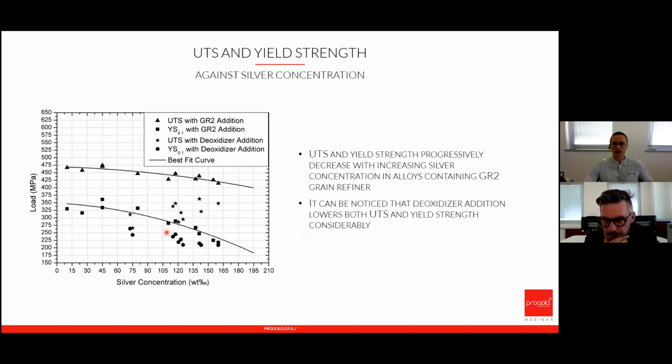So our suggestion is to use a grain refined alloy for investment casting, because it's easier to use an alloy for plastic deformation in general also for casting than the opposite. So in this case, we will suggest a grain refined alloy. Independent of which color, we can suggest the specific code of ProGold alloy.